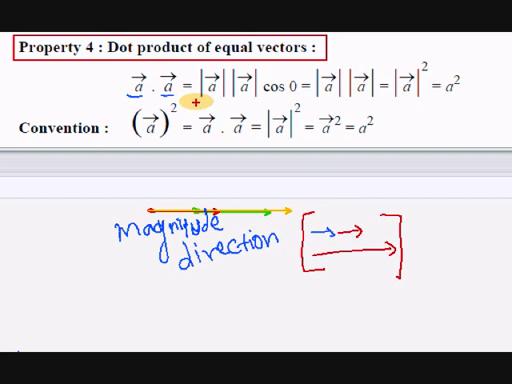If you apply the formula on it, what happens? Magnitude of A, magnitude of the same vector, multiplied by cos 0. Cos 0 is 1. Hence the force is going to be magnitude of A squared. That is A squared.